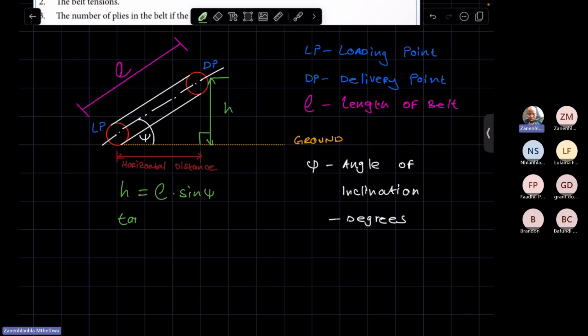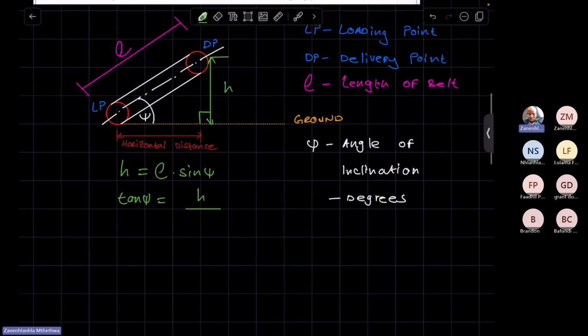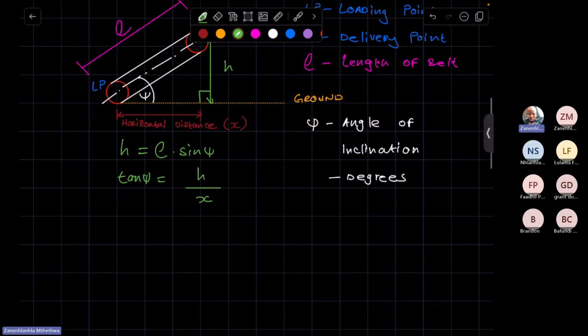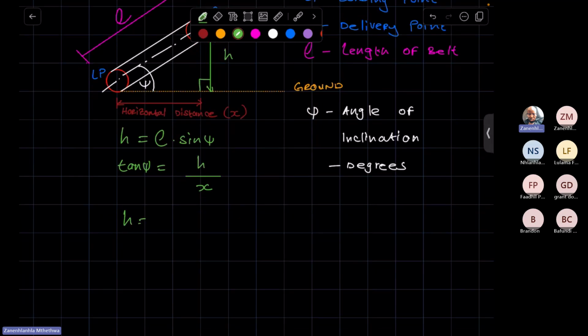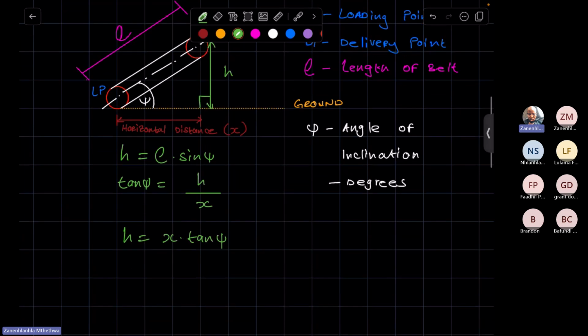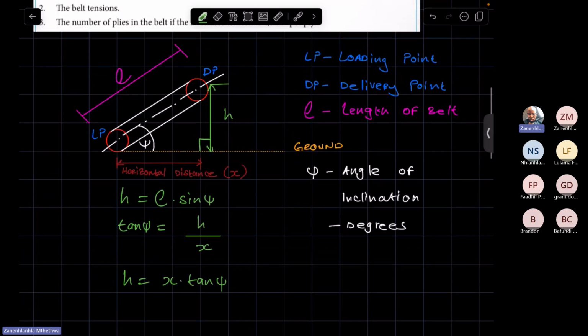Tan theta is equal to the side opposite, H, divided by the side adjacent. Let me just call this X. So H will be equal to X times tan phi. And essentially that's how we look at conveyor belts.